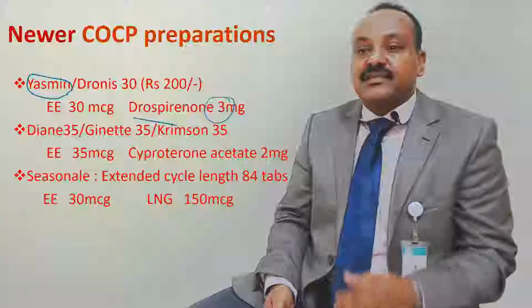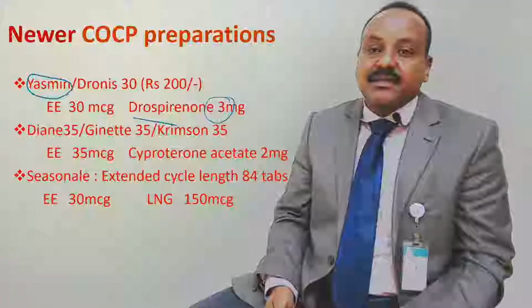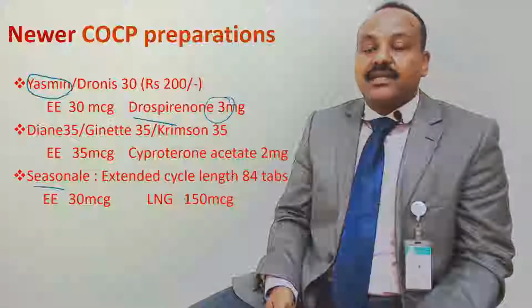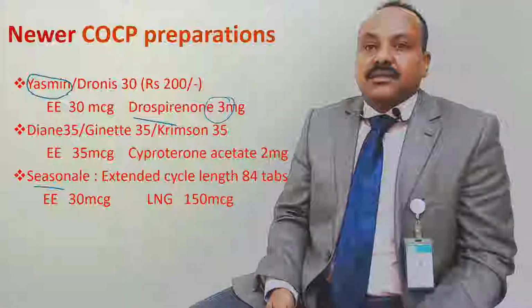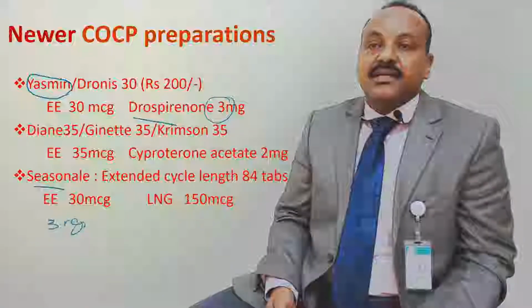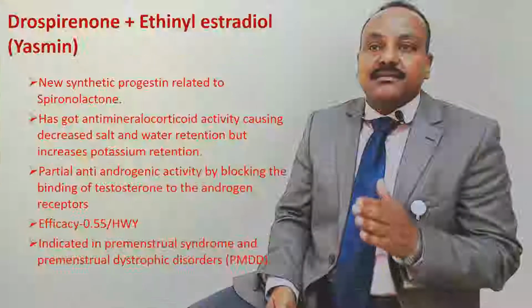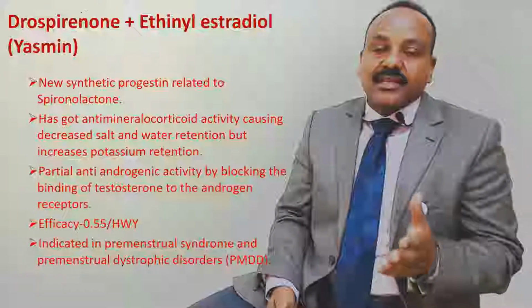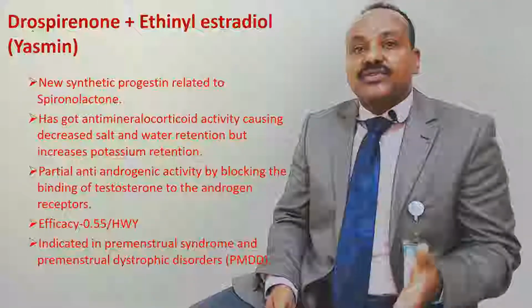This is an extended cycle, 84 tablets, with 30 microgram ethinyl estradiol and levonorgestrel 150 microgram. Drospirenone plus ethinyl estradiol: ethinyl estradiol is the estrogen part of the tablet, and instead of the usual progestin, they are using drospirenone.